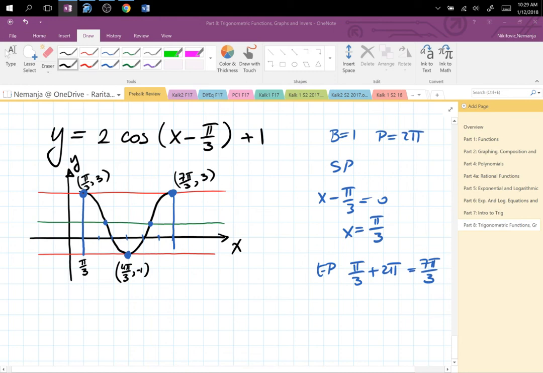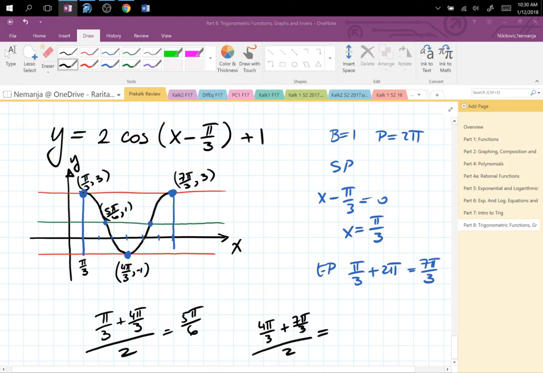The only ones that are tricky are these ones because they don't fall on pi over 3, but it's okay. Pi over 3 plus 4 pi over 3 divided by 2 is 5 pi over 6 when you average. So 5 pi over 6 and 1. And the second one is 4 pi over 3 plus 7 pi over 3 divided by 2 for the average is 11 pi over 6.